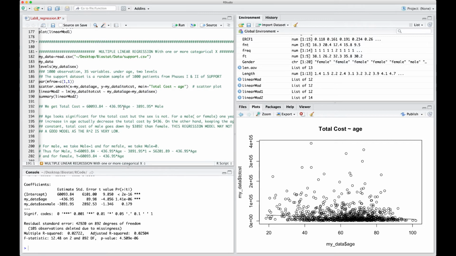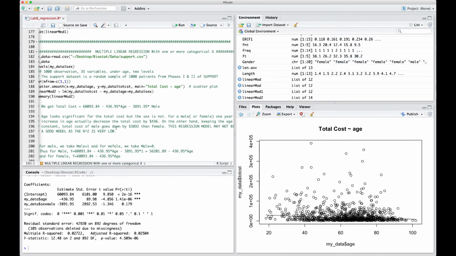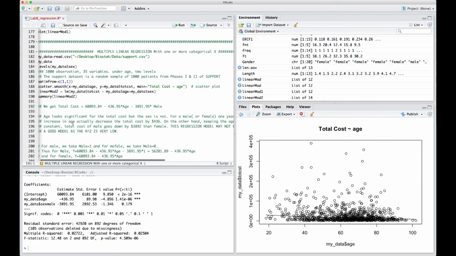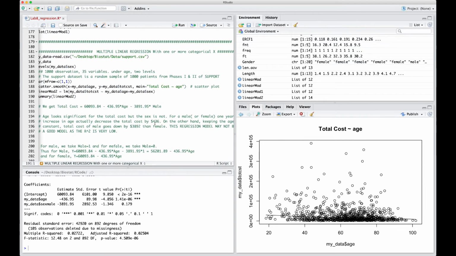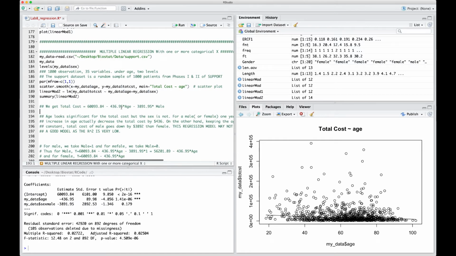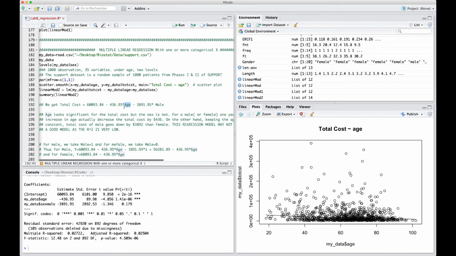So what it says is, you see that for male, from here what you can see is, for a male, a 1 year increase in age actually decreases the total cost by 436. You see that? If age is say 60, you'll get one value, but if age is 61, then it will decrease by 436, right?